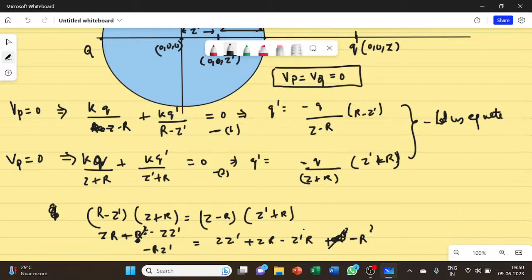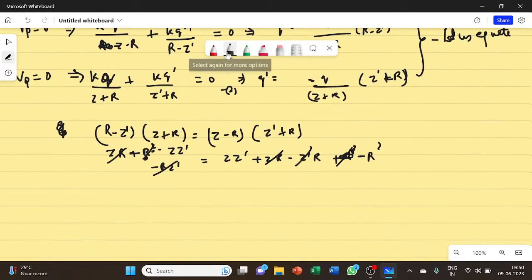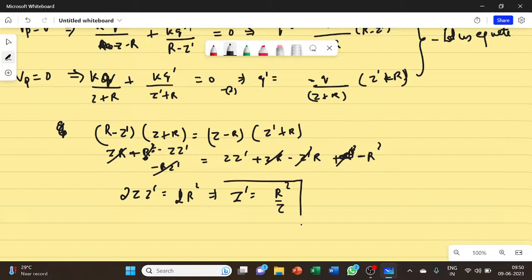Rather, minus z dash r gets cancelled, z dash remains, and zr gets cancelled. So overall I can write 2 times z dash is equal to 2 times r square, and from here I will get z dash equal to r square by z. So this gives you the location of the image charge.